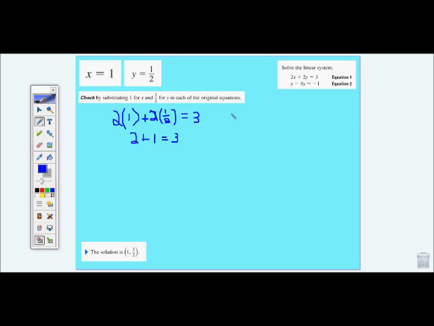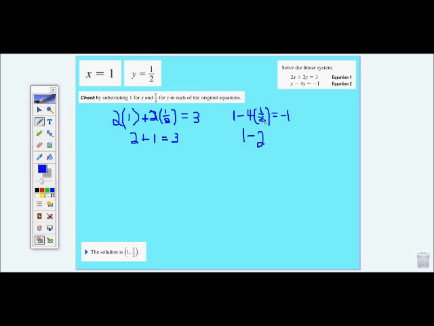Let's go to the other equation and substitute in. My X is 1. I'm going to say -4 times my Y is 1/2. And that equals a -1. If this is a true statement, then we have a linear system. 1 minus half of 4 is 2.